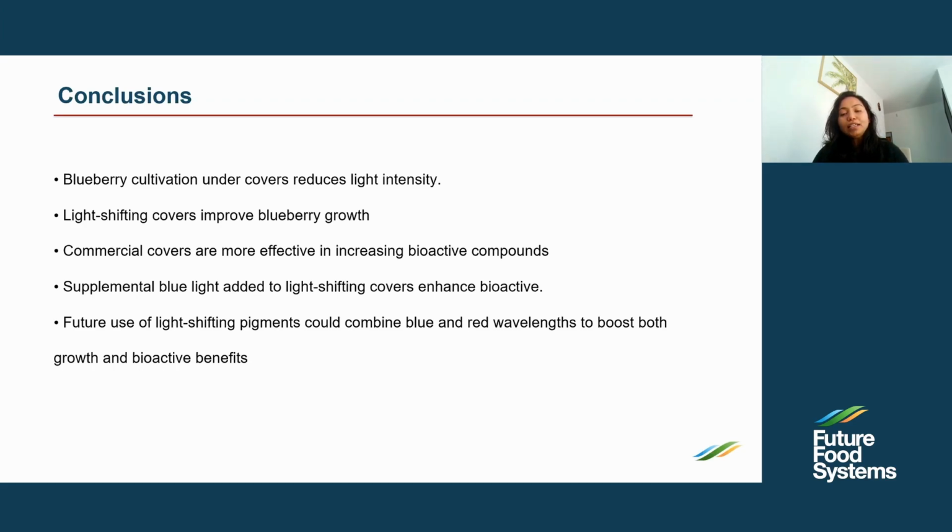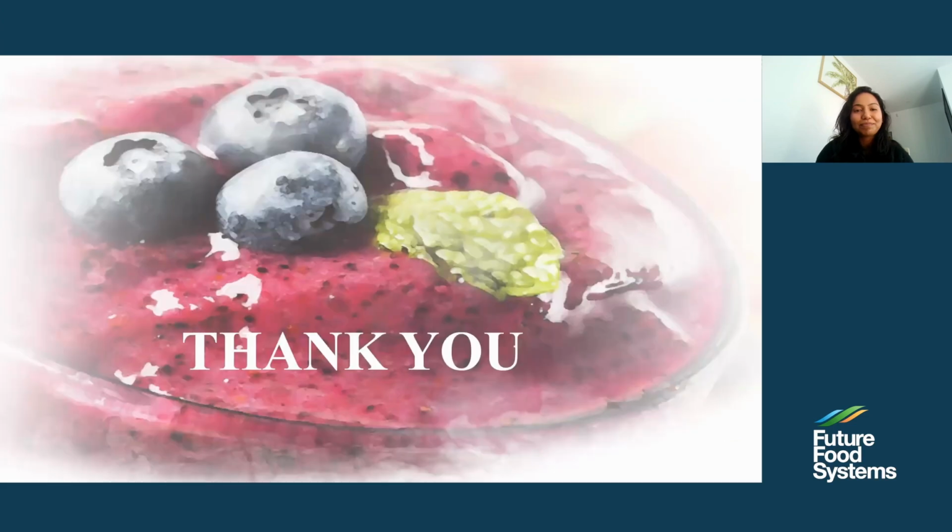So in conclusion, the future use of these photoselective covers could include a combination of red and far red, or red and blue light, that could target both growth of the plants and, at the same time, bioactive compounds of the plants as well. Thank you.